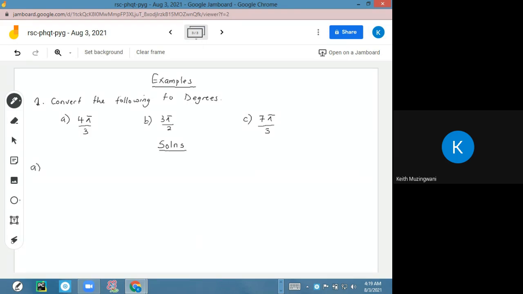A, you multiply 4 pi over 3 by, we are moving to degrees, so you multiply by 180 over pi, so that this and this can cancel, and then you have 3 in 18, 6, so you get 240 degrees.